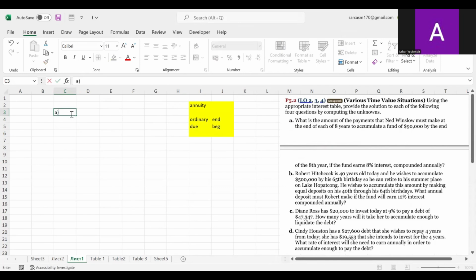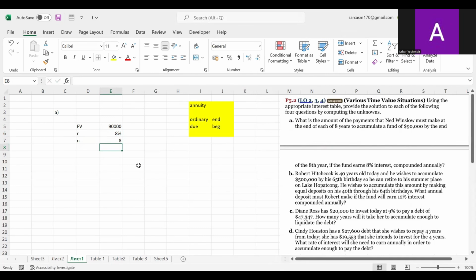A. What do we know? We know that our future value must be, at the end, 90,000. Future value is 90,000. Our interest rate is 8%, and number of years is 8. Again, it says that she must make the payments at the end.